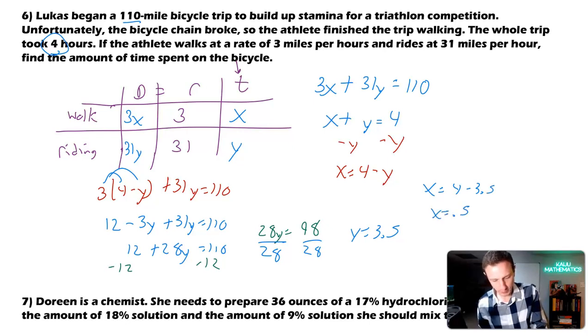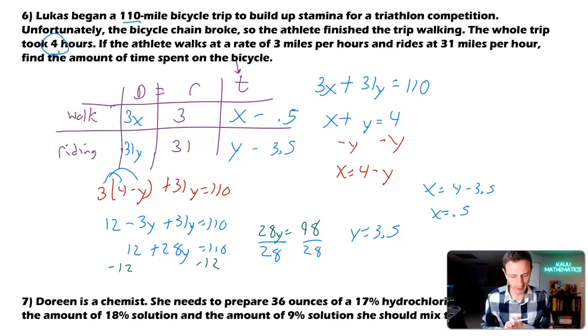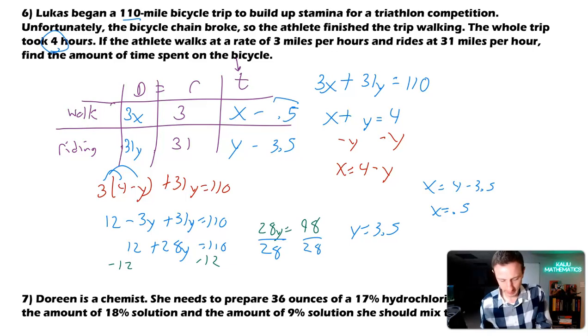So that means we walked for 0.5 hours, and then we rode for 3.5 hours. So we're pretty far on our trip before the bike chain broke. We had to walk for a half hour, where we rode for 3.5 hours.